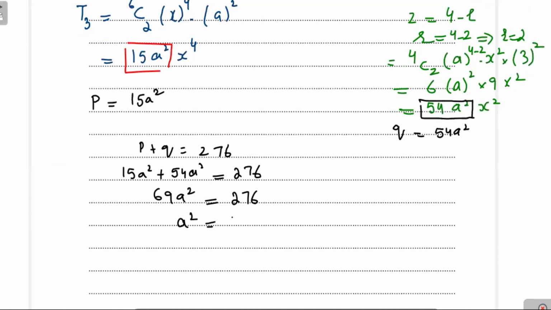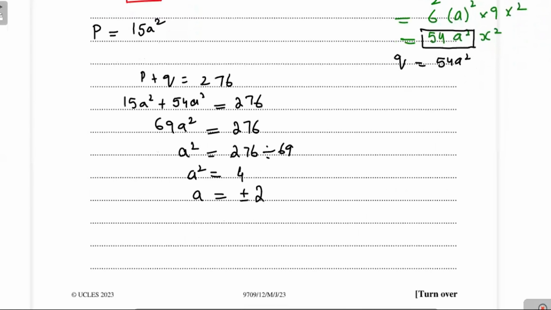Then a square will be 276 divided by 69, that is equal to 4. a square equals 4, then a will be equal to plus minus 2. These are the possible values of a.